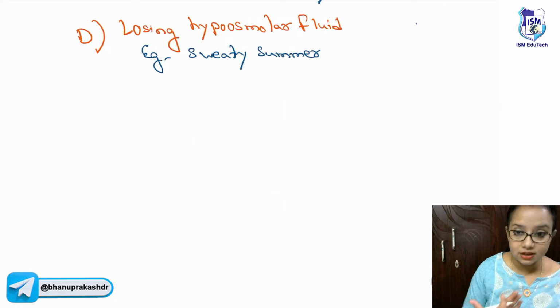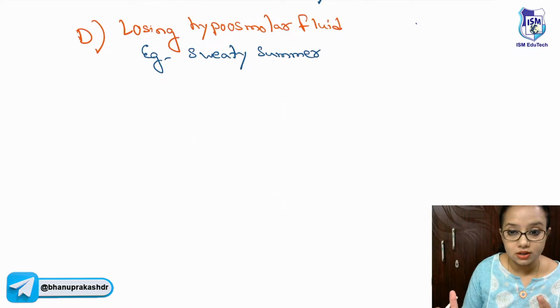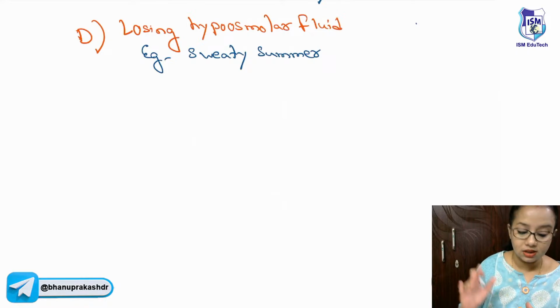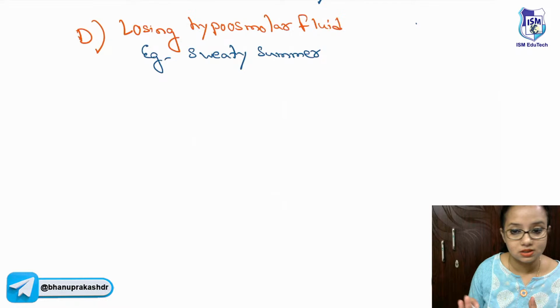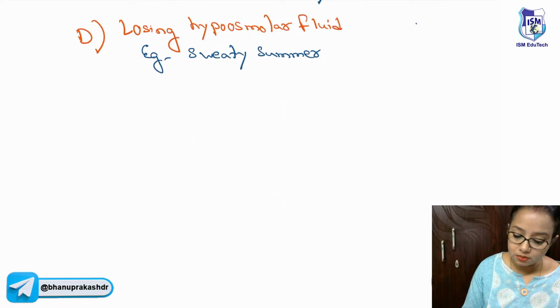So when we are sweating out, we are not only losing water, we are also losing the ions, right? The cation and anion. All of us have tasted the sweat sometime or the other. It is salty. So along with water, with the sweat, there is also loss of salt. But that salt is not very high. It is not like too much salt that we are losing from the body. Okay.